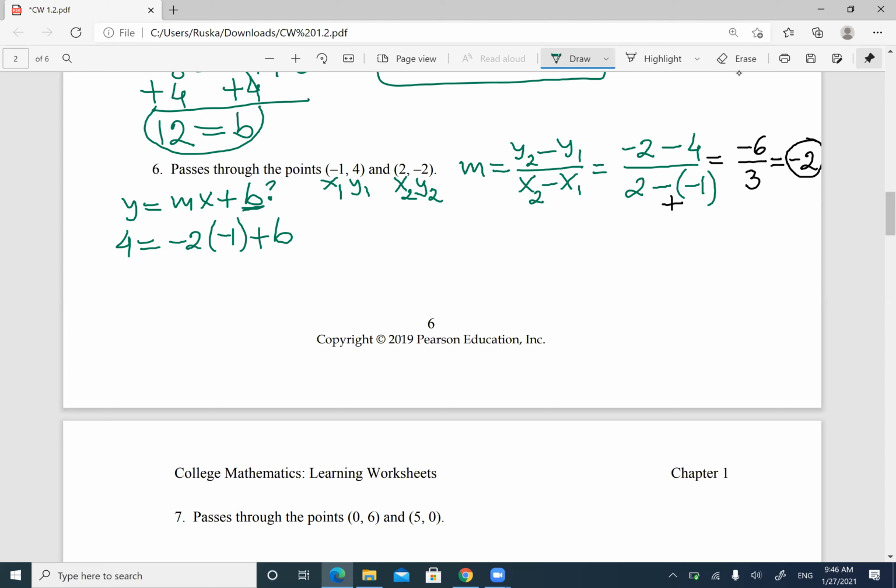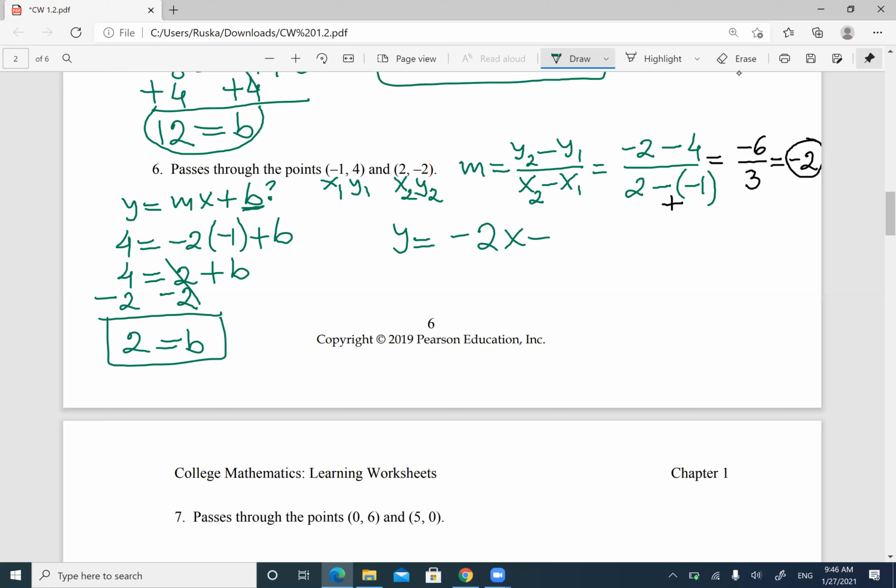Negative times negative is positive 2, plus b. Going to subtract 2, and we have b equals 2. So b is 2, the slope is negative 2. So just going to plug it in: negative 2x plus 2.